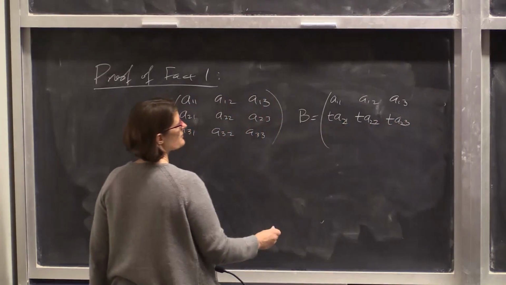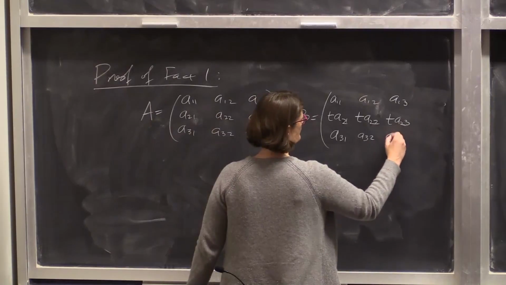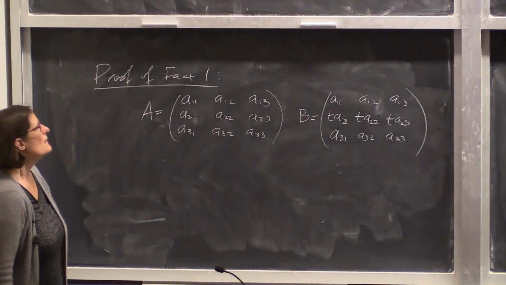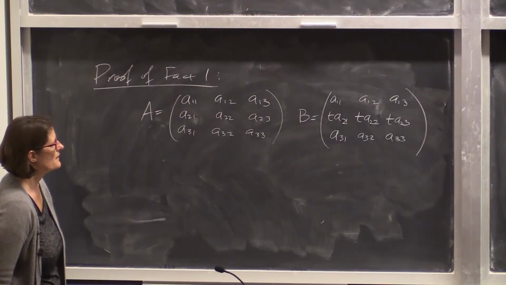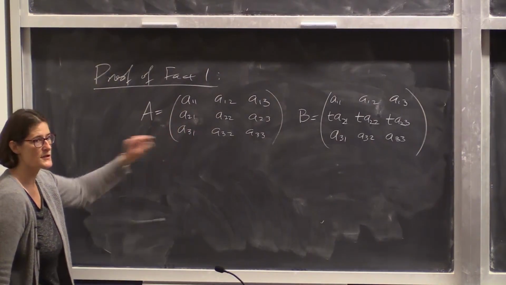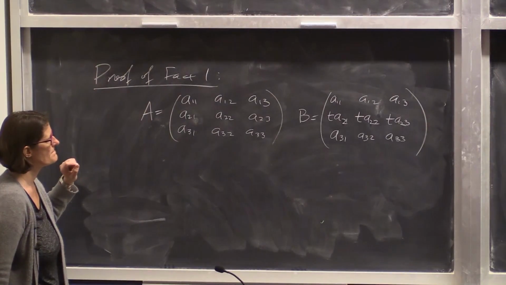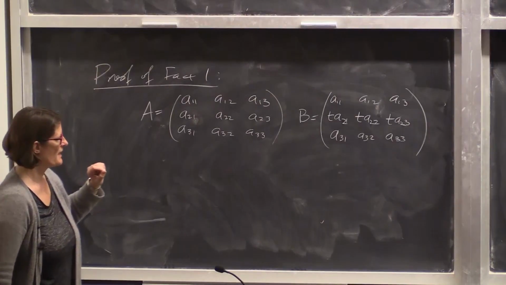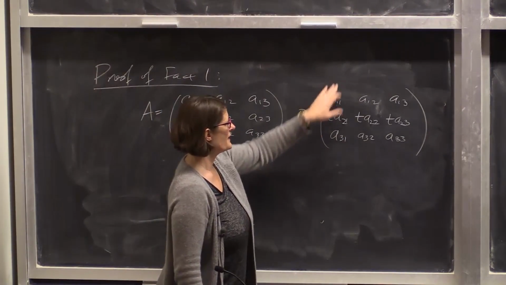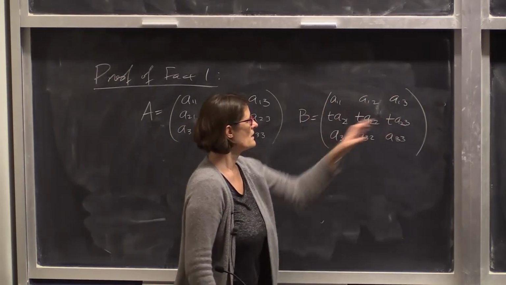I'm taking the second row, multiplying it by T. I'm trying to relate the determinant of B to the determinant of A. To compute the determinant, I can go about any column, any row.